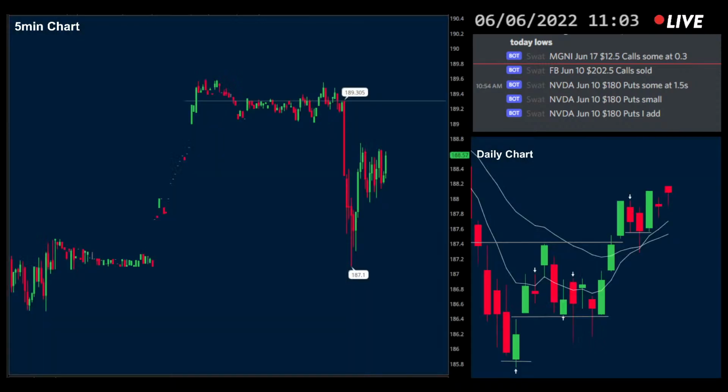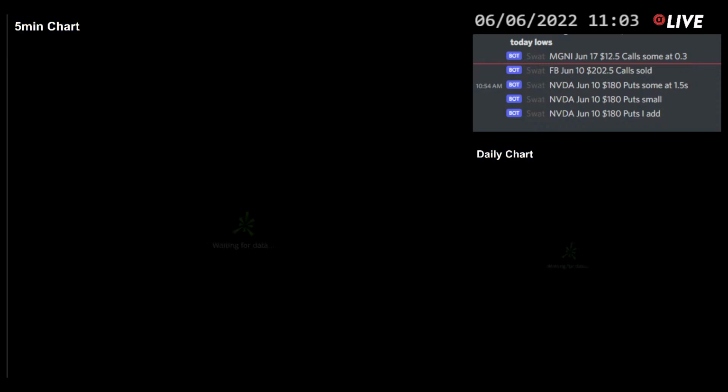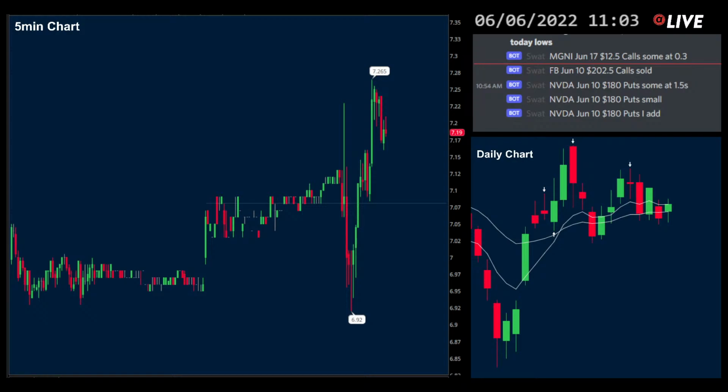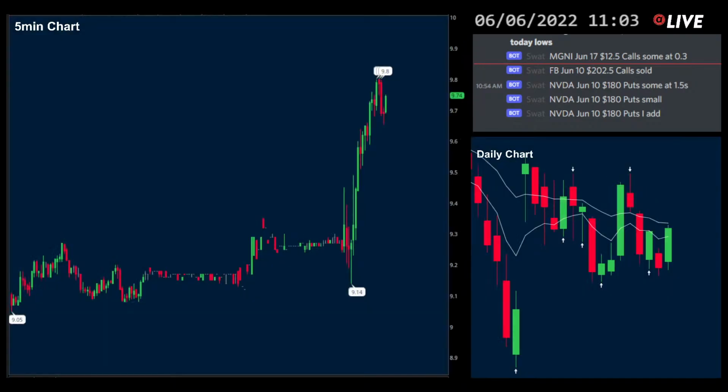IWM trying again now. WOOD stalled at 980.